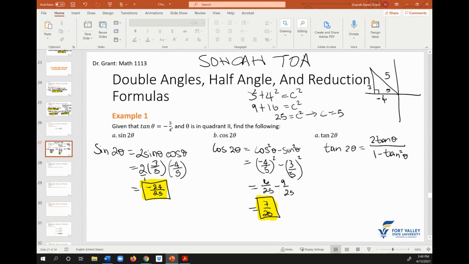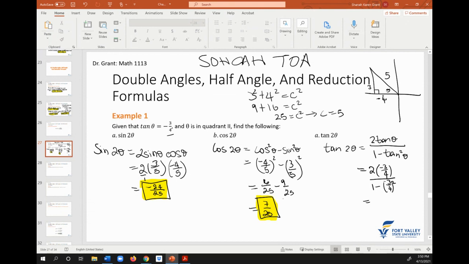So plugging in here, we know that tan of theta, they already gave that to us, really, is -3/4. And we're just going to be plugging that wherever we see theta. So this becomes 2 times -3/4 over 1 minus -3/4 squared.